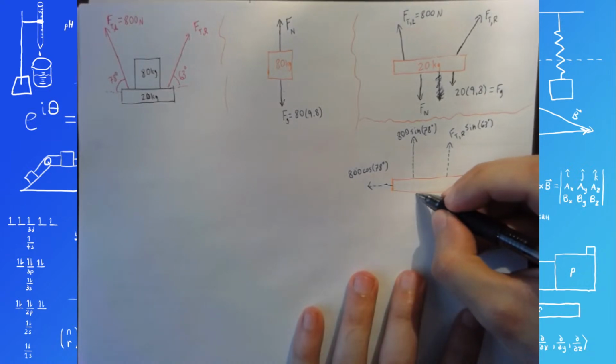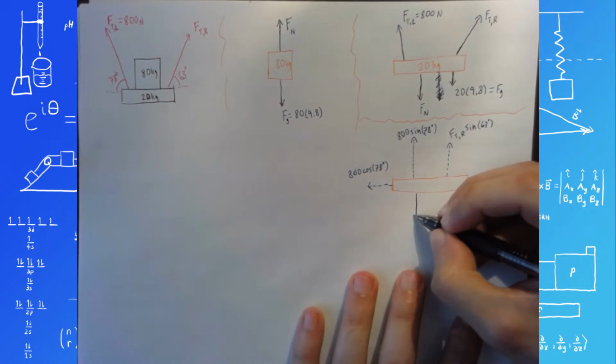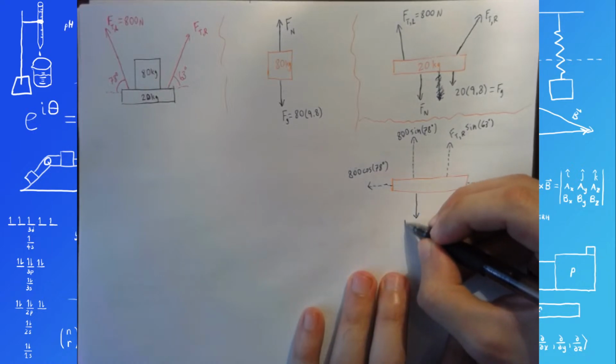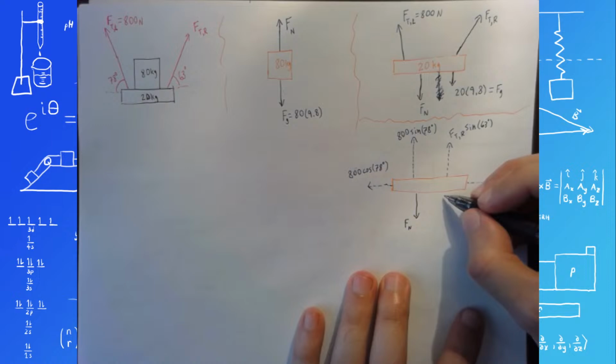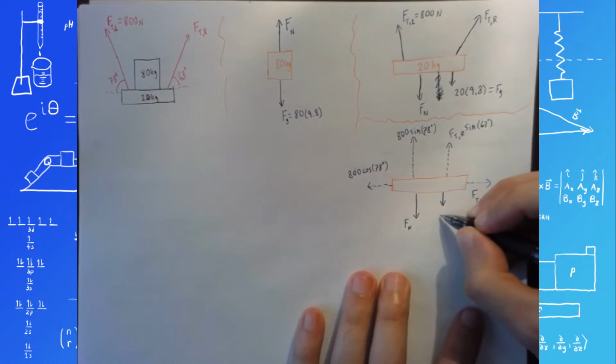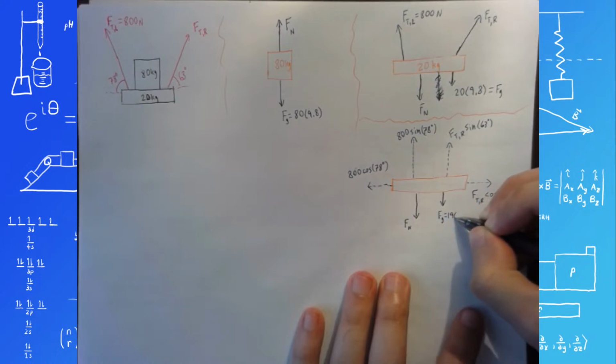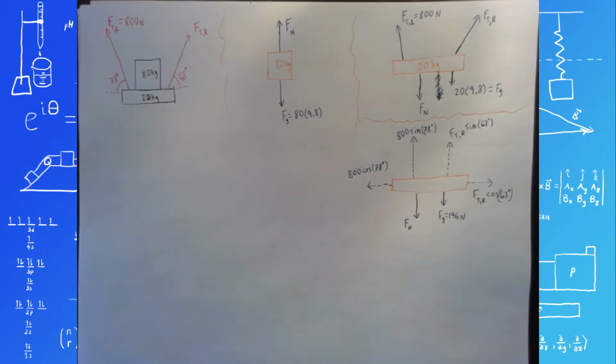So normal force, currently unknown, and the weight, 20 times 9.8, would be 196. Force of gravity equals 196 newtons. Okay, so we don't know force of tension right, though we can actually solve for that. And we don't know normal force.